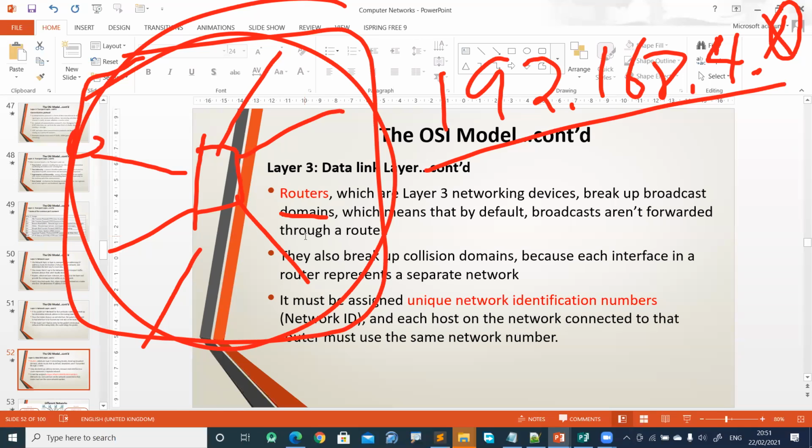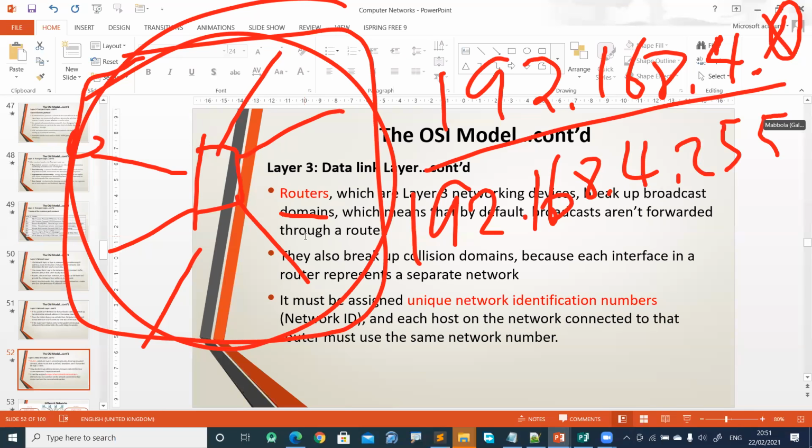Or maybe like the one you wrote here on the screen, which is 192.168.43.255. This is the broadcast. Very correct. Oh, good. This is the broadcast IP address. Thank you very much, ma'am. That's a broadcast IP address.